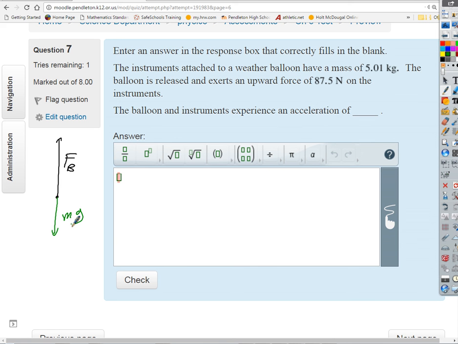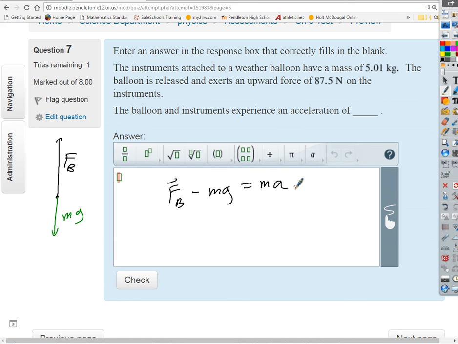So what's the equation of motion here? What's the net force? FB minus mg equals what? ma, right? Yeah. Okay, because it's net force.